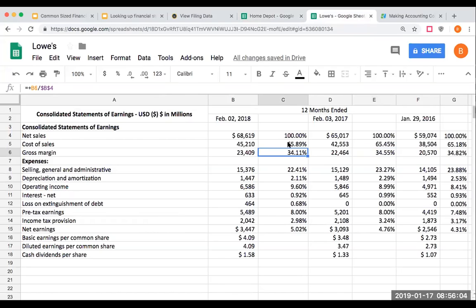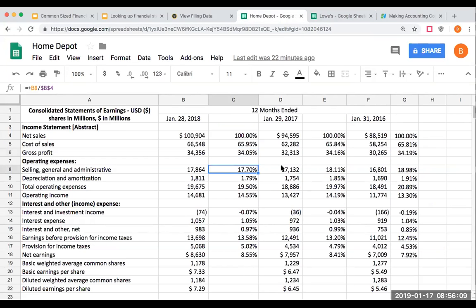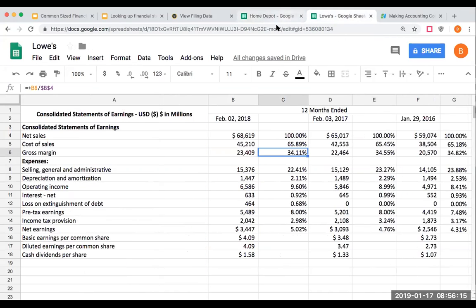For Lowe's, it's about 34.11%. The selling, general, and administrative costs are about 17.7% for Home Depot, whereas over here, it's almost 22%, or 5% higher.